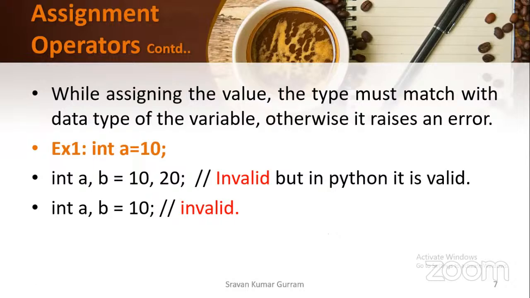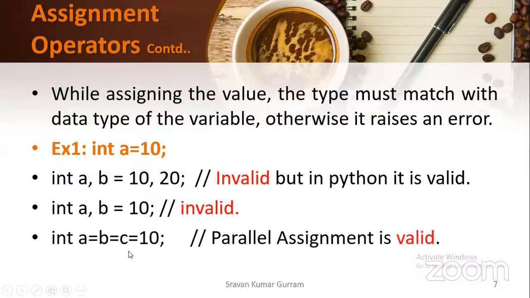If you want to assign any value, you must do that in the next line. Int a semicolon, and in the next line, int b assignment 10. That is valid. Otherwise, if you want to declare two variables, only declaration, int a comma b semicolon, that is also valid. But you should not do like this.